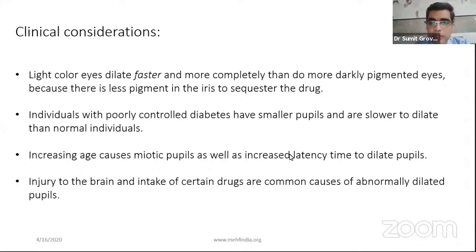Individuals with poorly controlled diabetes, because diabetes affects the small nerves and vessels. Increasing age also causes a miotic pupil and increased latency time to dilate, as does injury to the brain and intake of certain drugs, which we have just discussed, can lead to abnormally dilated or constricted pupils.